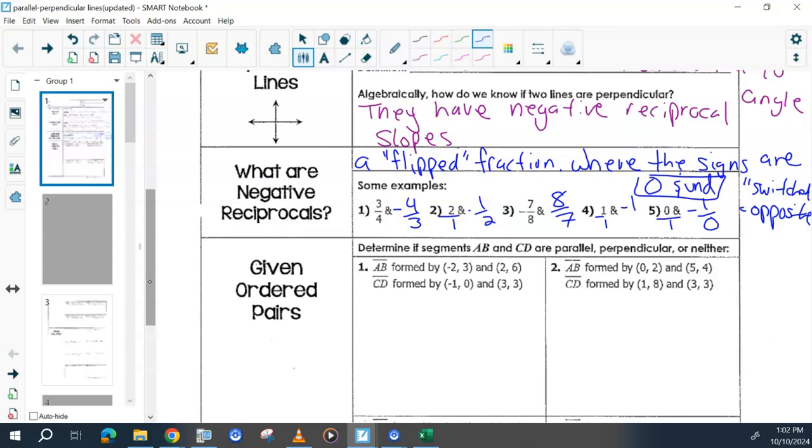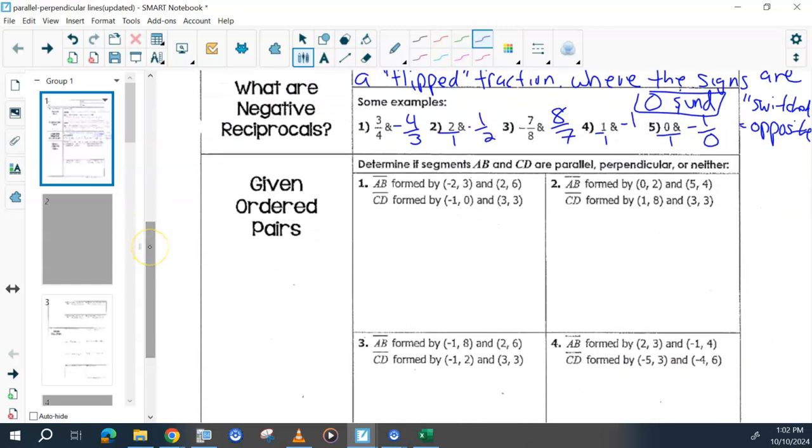Questions on that part so far? Okay. So then we're going to determine if these are parallel, perpendicular, or neither by finding the slope using our slope formula, y2 minus y1 over x2 minus x1.